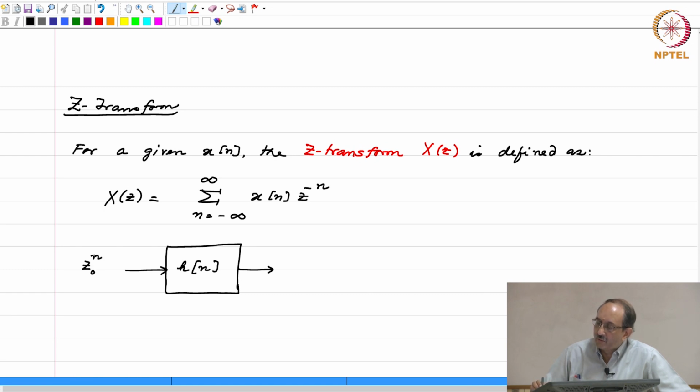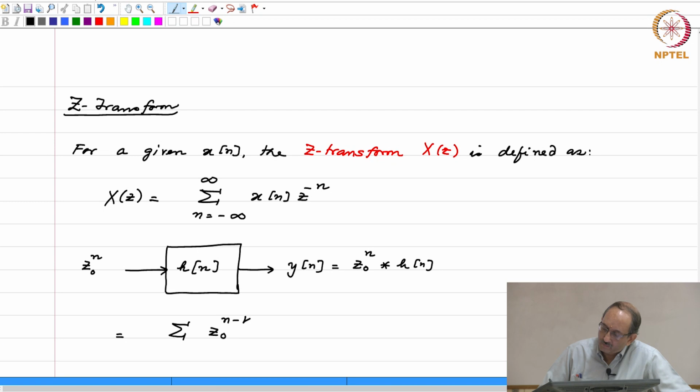To this we feed this everlasting exponential z0 to the n, and y of n of course is nothing but z0 power n convolved with h of n. So this is nothing but the sum of x of n minus k, which is z0 to the n minus k, times h of k, k going from minus infinity to plus infinity.